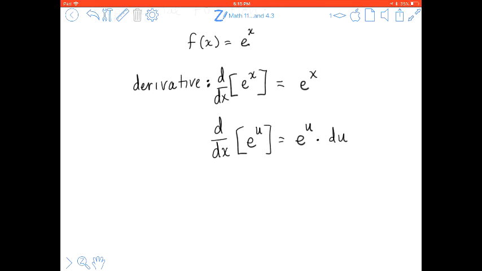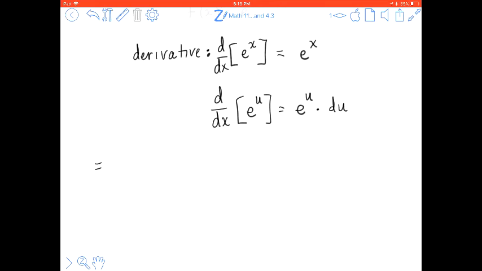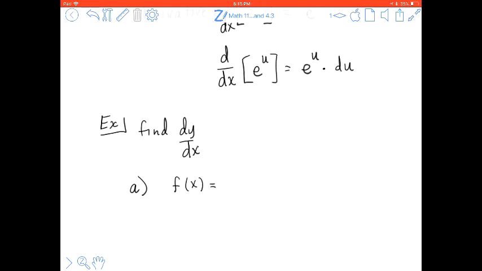So a few easy examples to start out with. Find the derivative. For part A, let's see, f of x equals e to the 3x.